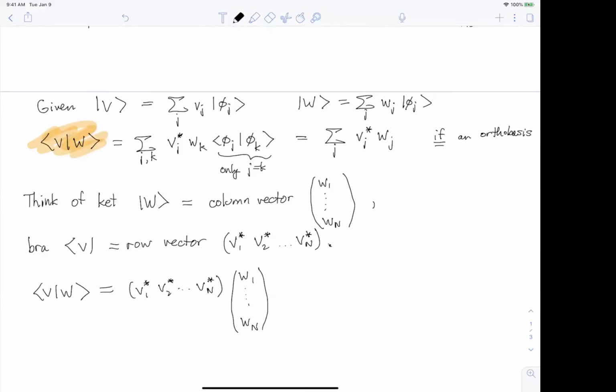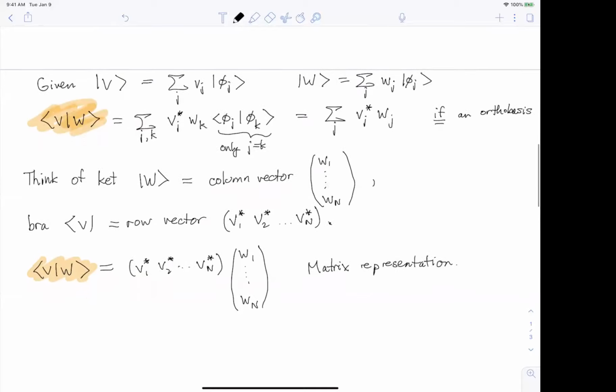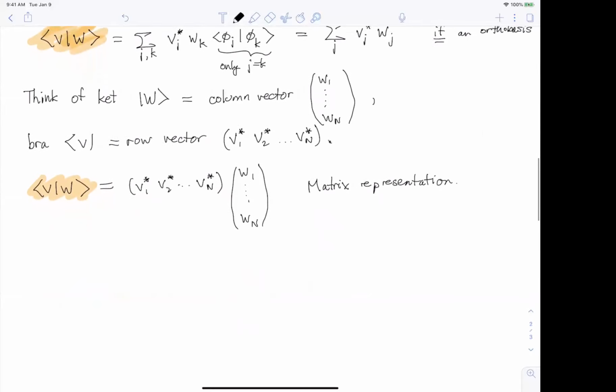And so the important thing is, this right here is the same thing, but it's just written in non-ket language. And so this is often called the matrix representation for what we're doing, namely taking the inner product. So far, they're just vectors, but we will introduce matrices when we start talking about operators.